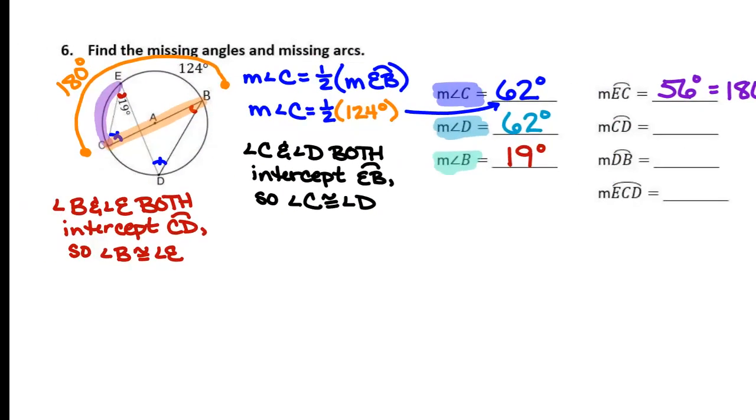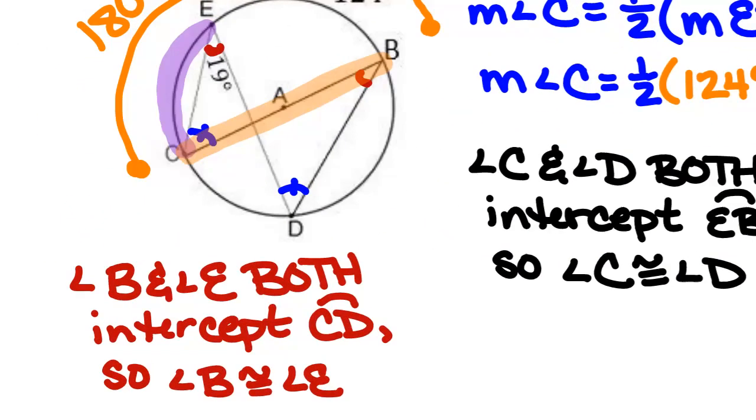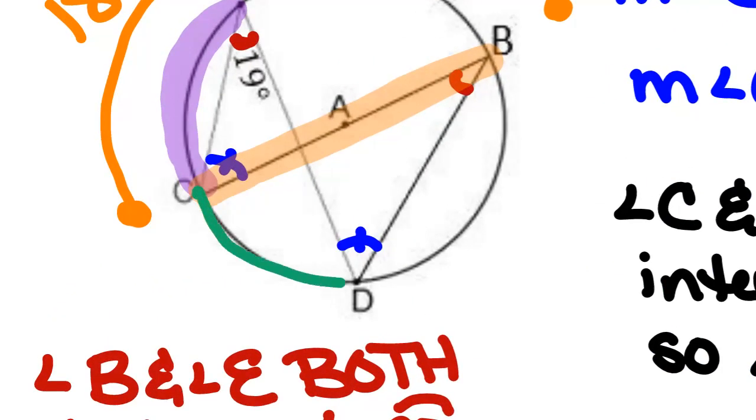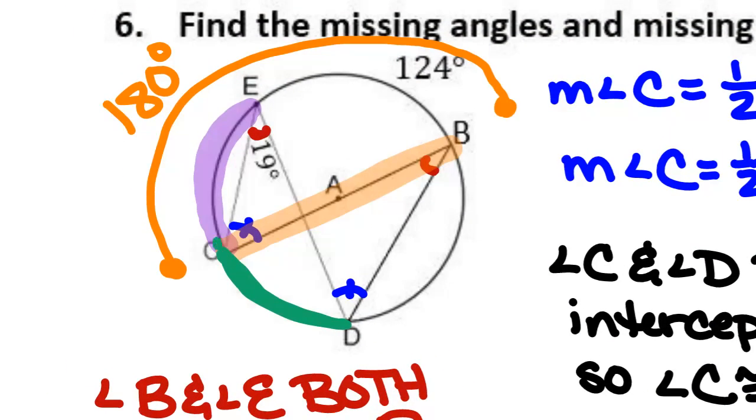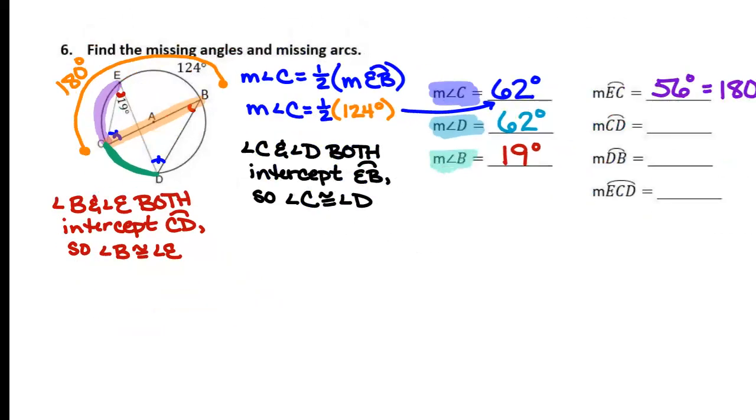All right. Then we have arc CD. Here's arc CD. And we already said that angles E and B are intercepting that arc. If the angle is half of the arc, what would we have to do if we knew the angle to find the arc?